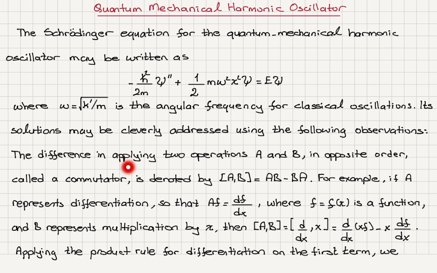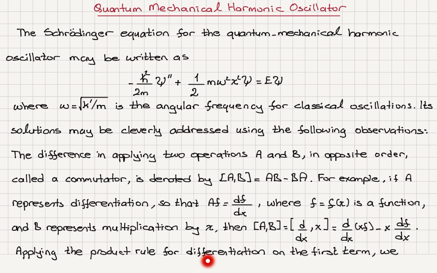The difference in applying two operations A and B in opposite order, called a commutator, is denoted by square brackets A, B, and is AB minus BA. For example, if A represents differentiation so that A applied to f is df dx, where f is a function of x, and B represents multiplication by x, then the commutator d dx, x is d dx applied to x times f minus x times df dx.